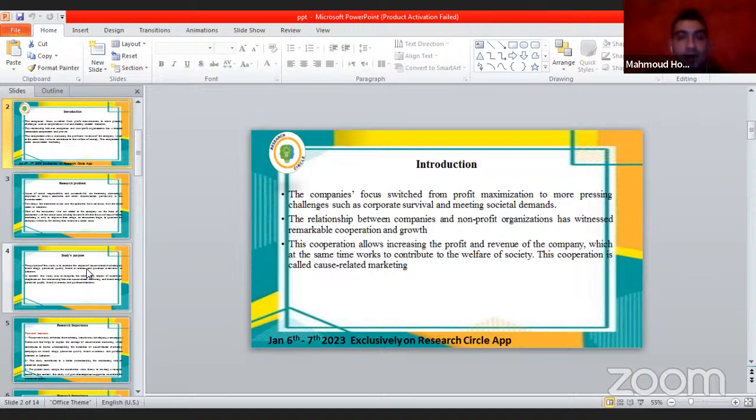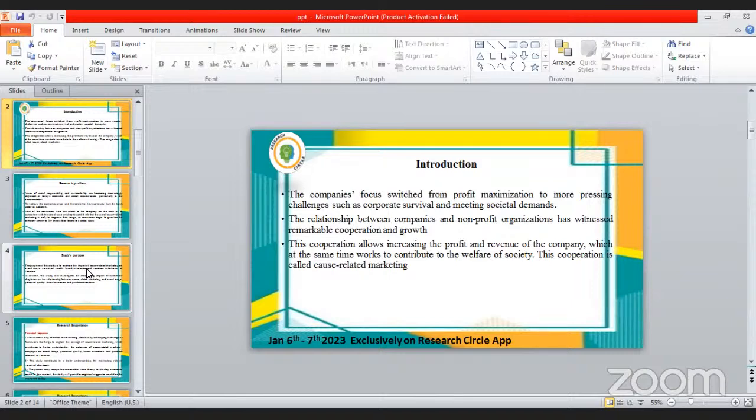These are the cause-related marketing campaigns that I have used in this study, provided from a previous study conducted by Chaber et al. 2010. Okay. Thank you very much.